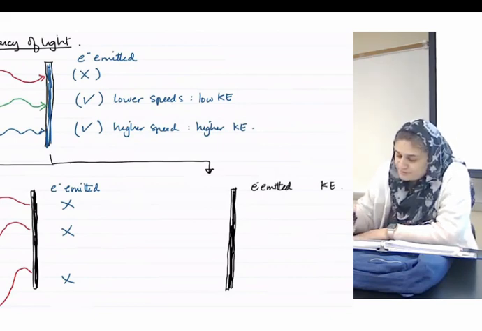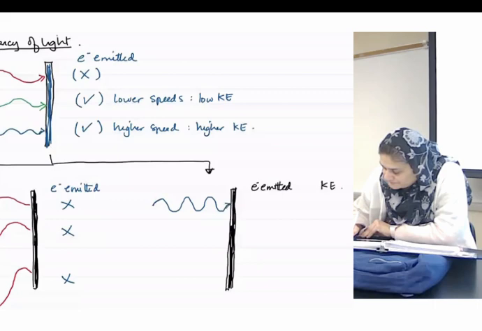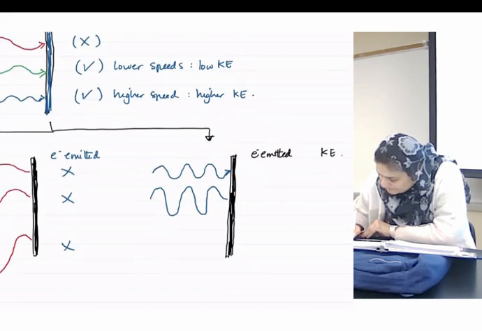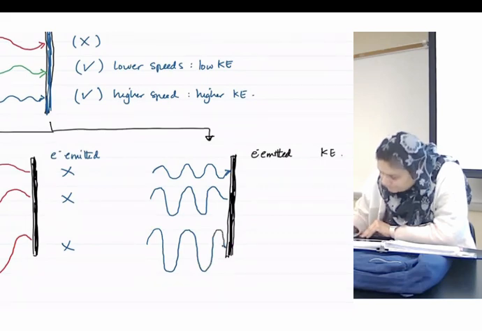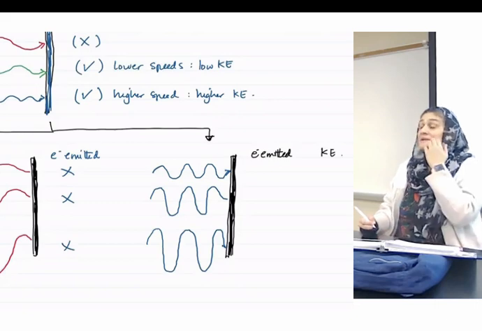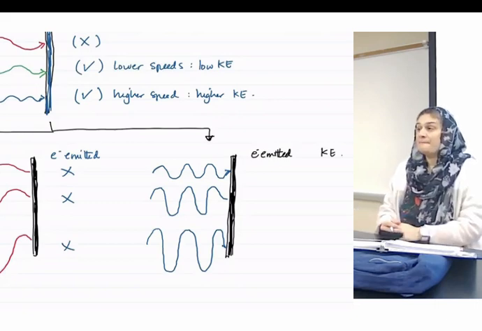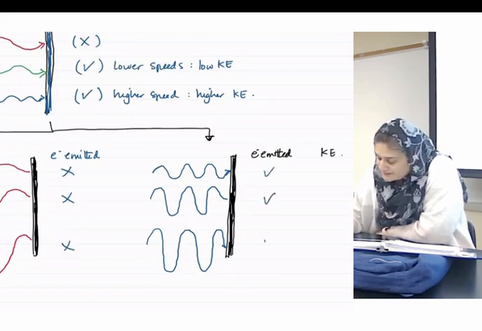So the first blue one, low amplitude blue, higher amplitude blue, and even higher amplitude blue. You get the picture, right? Increase amplitude. Will electrons be emitted? Yes, good. Okay, so same metal, electrons emitted.